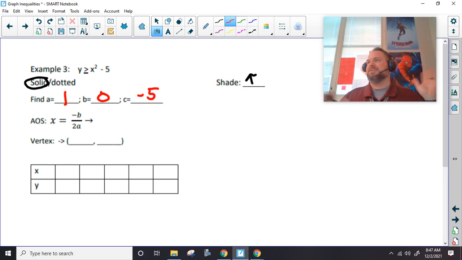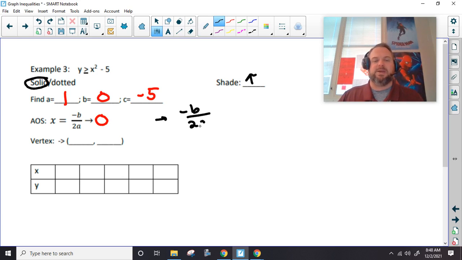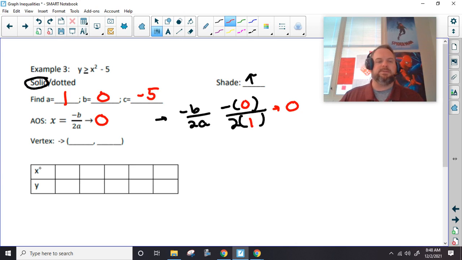What is our X axis of symmetry always going to be? 0. And the reason why, if we plug this in to negative B over 2A, we would get 0 anyways.